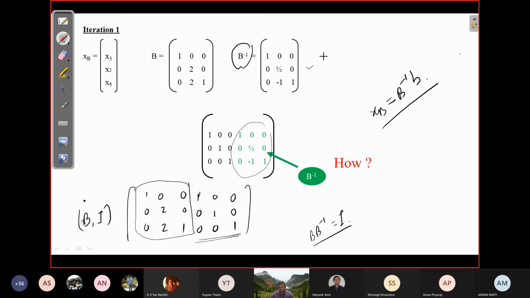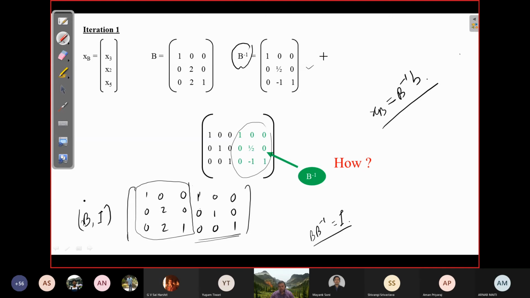Okay. And now you can get an idea why we were doing Gaussian elimination in the simplex step. We are doing a similar thing, right? Once the identity matrix was getting disturbed, we were trying to make it identity again, so we were doing Gaussian elimination.